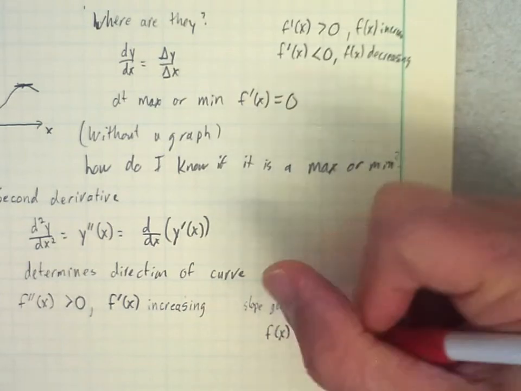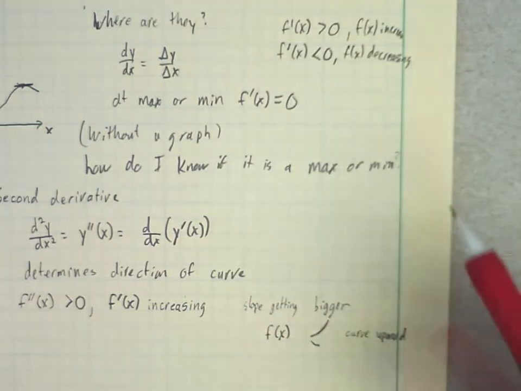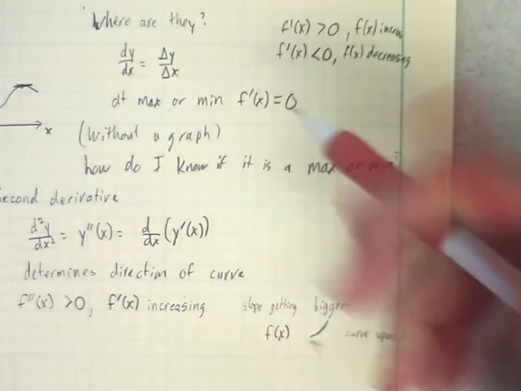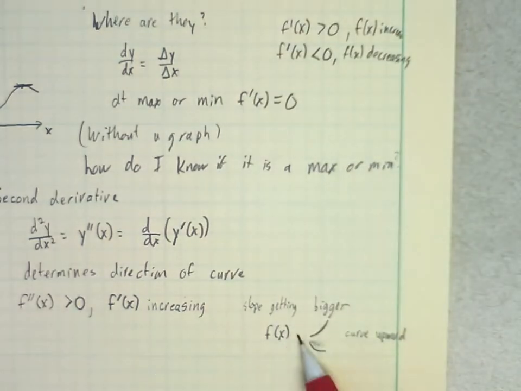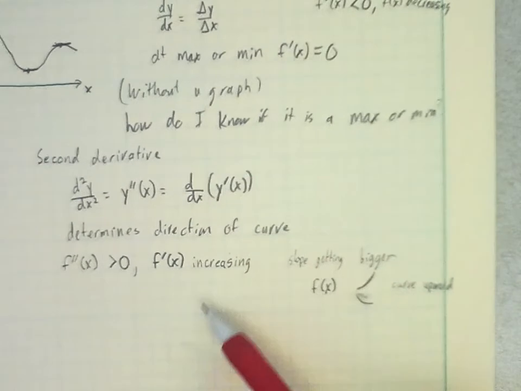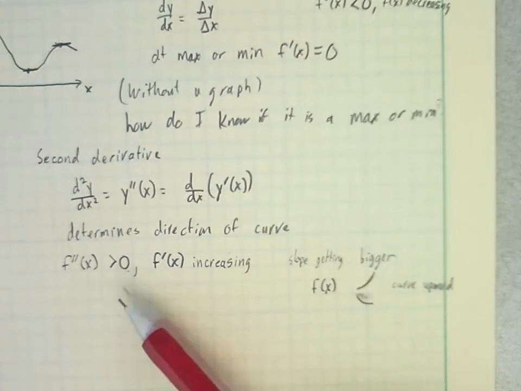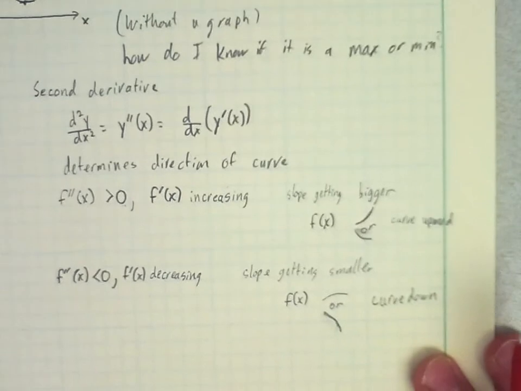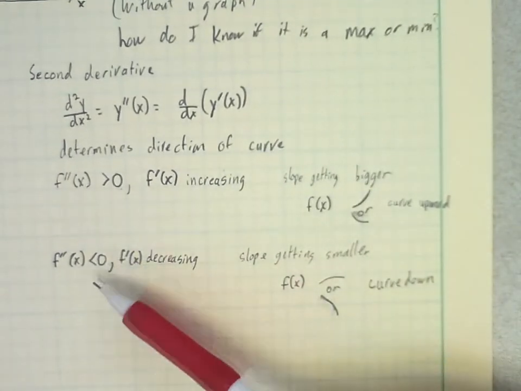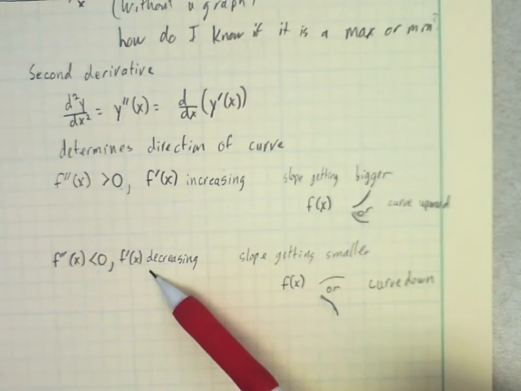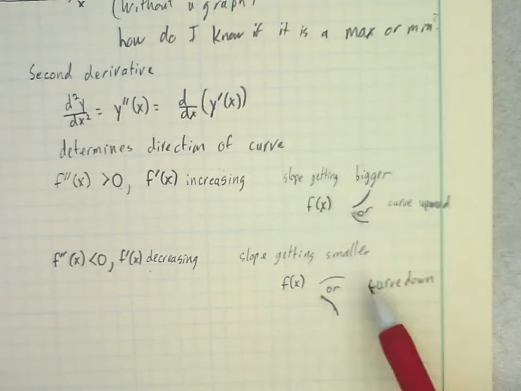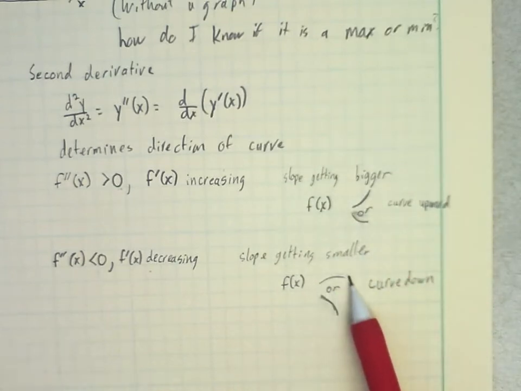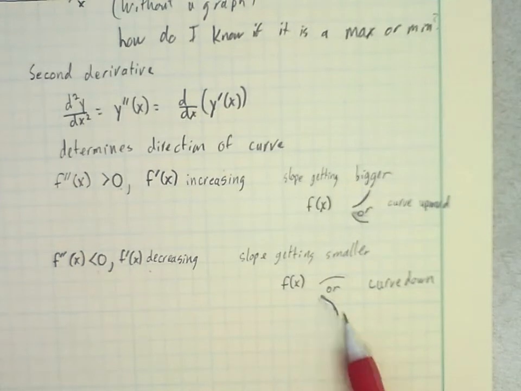So either it's positive and it's going to start going up quicker, or it's negative and it's going to start getting towards positive. So for the function, it's curved upward when the second derivative is greater than 0. By the same thought process, if the second derivative is less than 0, the first derivative is decreasing. The slope is getting smaller: if it was positive, it's going to start leveling out to 0, and if it's negative, it's going to get a lot more negative. So the curve faces down.